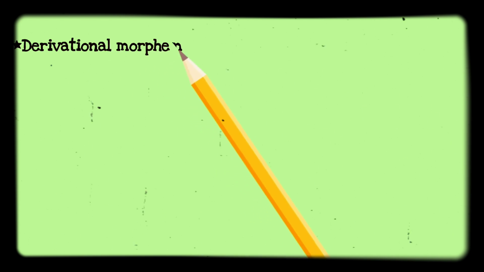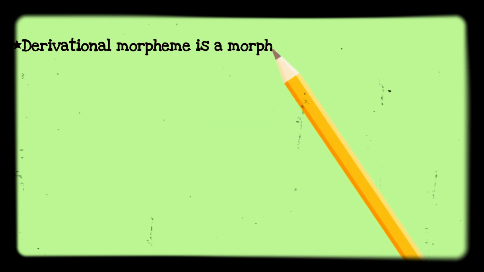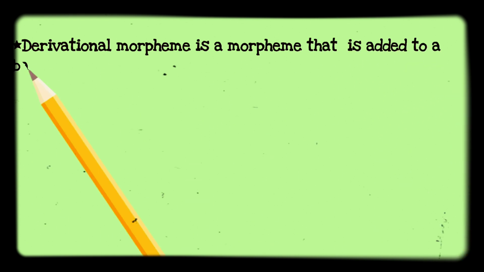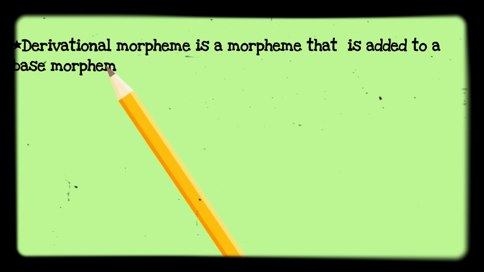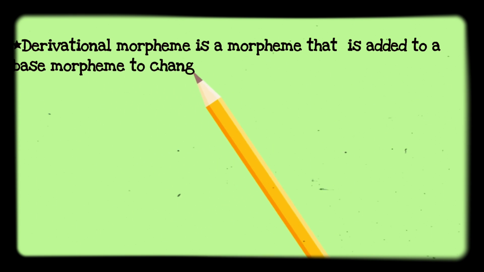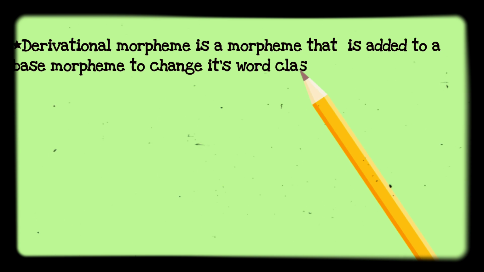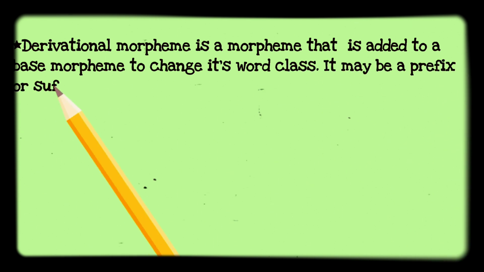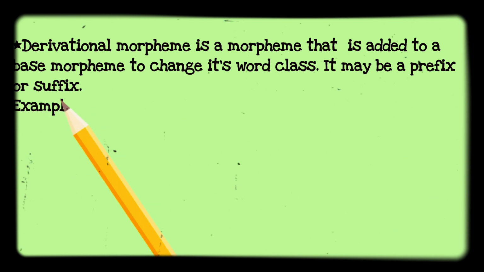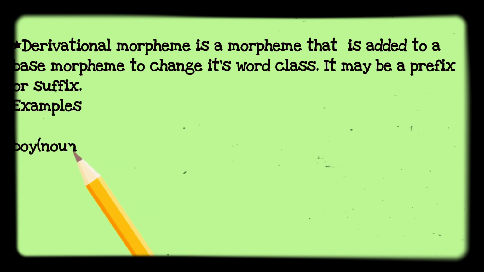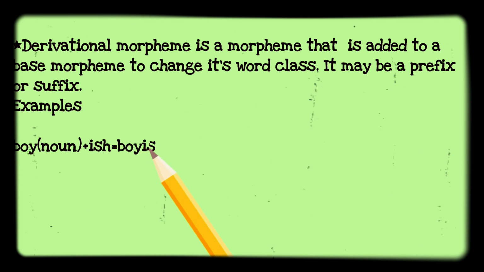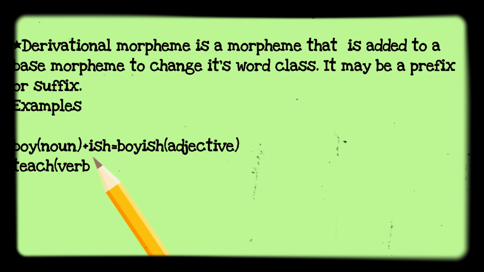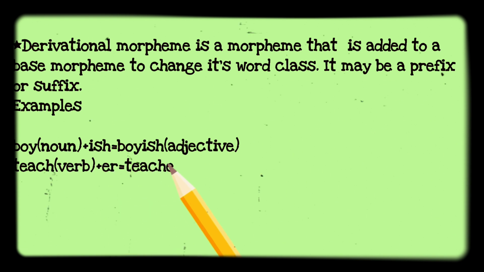We go to the derivational morpheme. It is a morpheme that is added to the base morpheme to change its word class. These morphemes may be a prefix or a suffix. Examples are boy: ISH added to boy becomes boyish, which moves from a noun to an adjective.